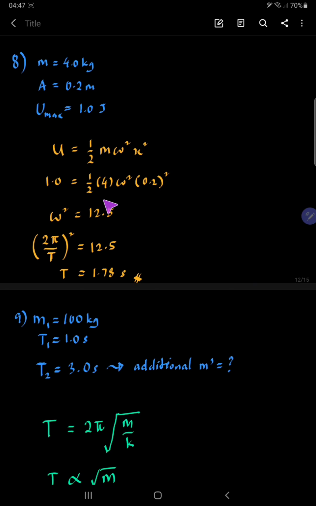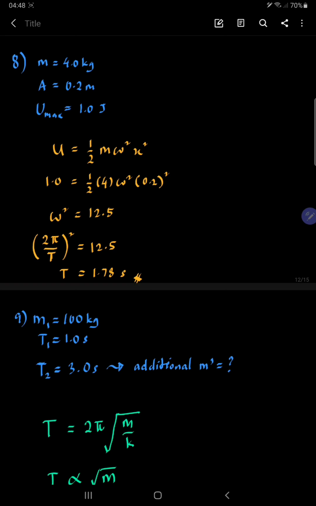From this you will get omega, where omega equals 2 pi over period. So you will get the period, which is equal to 1.78 seconds. It's quite easy for question number 8.